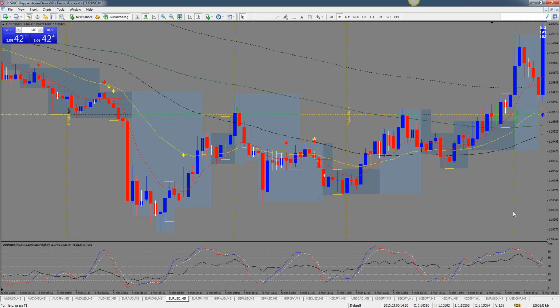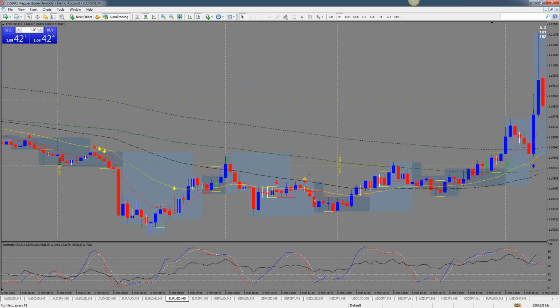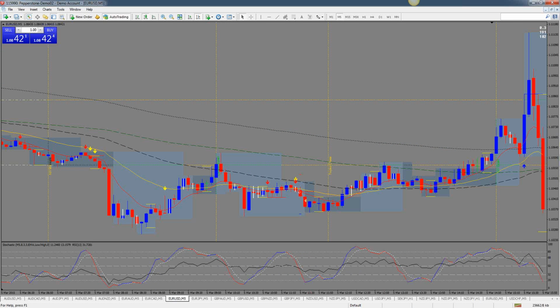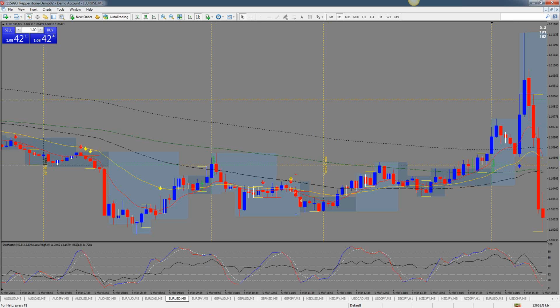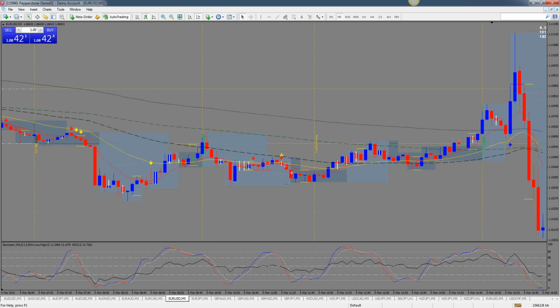So now we're looking at my 90. They're still not in order. All right, it looks like we got a big news candle there. Yep. I didn't take the trade, so that was a huge news candle. There it is there.